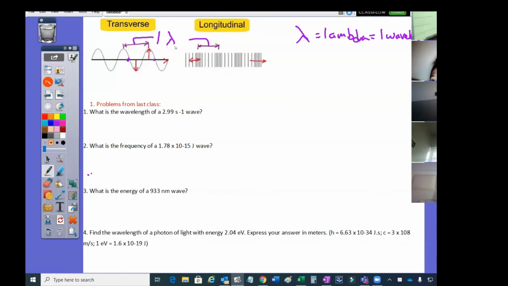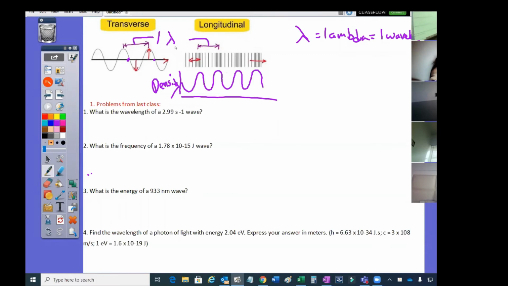So what people will generally do to represent a longitudinal or compression wave, if you think about it, you could graph the density of the medium conveying the compression wave. And if you did that, your graph would look like this. Low density, high density, low density, high density, low density, high density, low density, high density. Oh, it looks like a transverse wave when you do that.